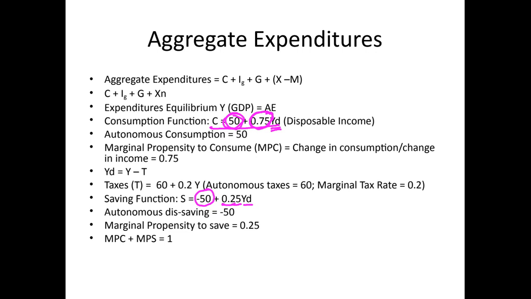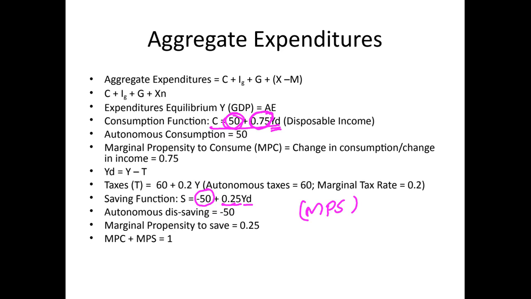Again, minus 50 is autonomous saving, or you may call it dis-saving because it has a negative sign. This whole 0.25 YD is induced saving, and this coefficient 0.25, that is 25%, is called the marginal propensity to save. In short, we normally write MPS, marginal propensity to save, equal to 0.25.